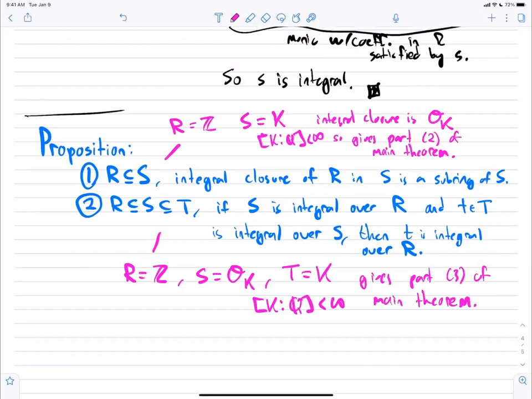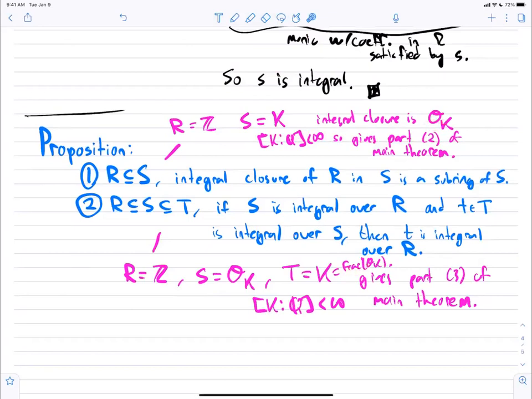Sorry, so let me just point out that K is equal to the fraction field of O_K. Once we know part 2, that O_K is a subring, then part 1 of the main theorem told us that O_K times Q was equal to K. So we know that K is the fraction field of O_K.